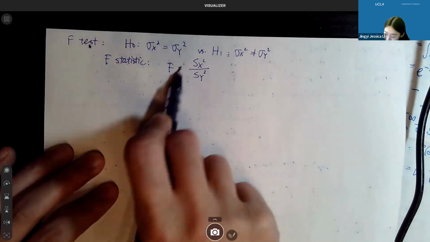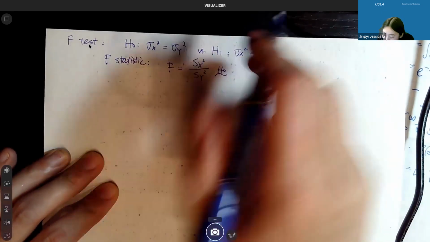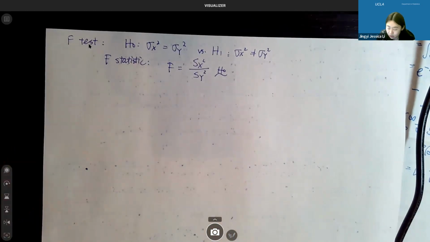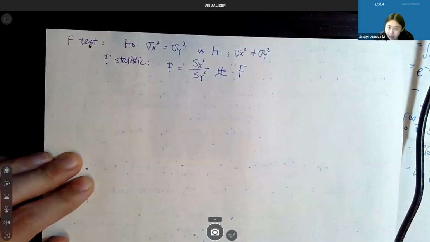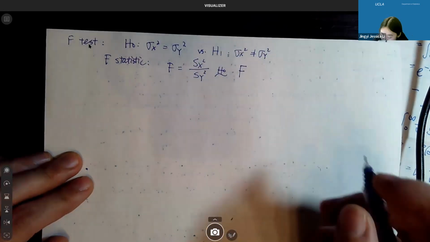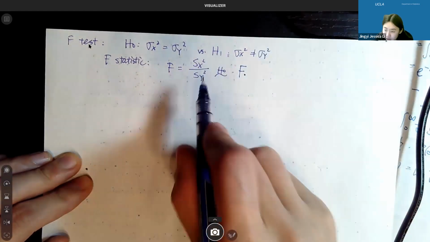And for this ratio, under the null that the two population variances are equal, we also have a known distribution that our founders of statistics derived for it. It's called the F distribution. The F distribution takes 2 degrees of freedom, one for the numerator, one for the denominator.